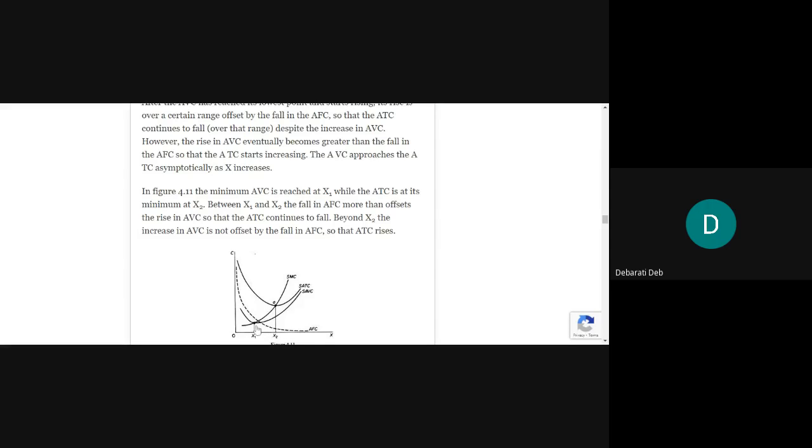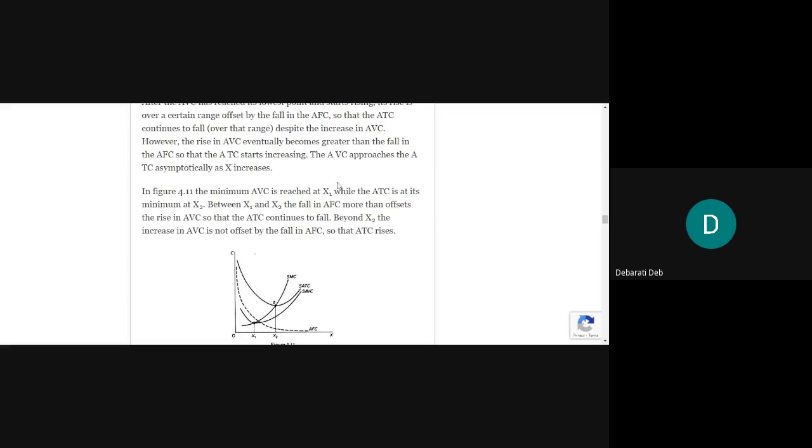It will keep on falling and AVC will keep on rising. But this rise in AVC will eventually become more than the fall in the AFC, and that is why ATC will start to increase from this point. You see, after x2, that is how ATC has started to increase, because the fall in AFC will be offset by the continuous rise in AVC, and that is why ATC, which includes both AVC and AFC, will also start to rise.